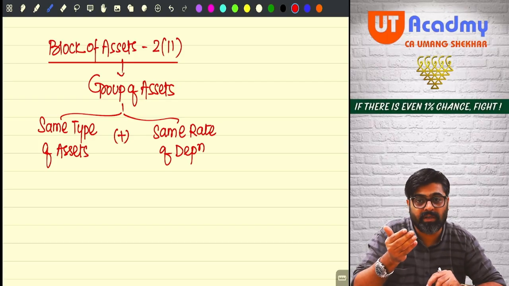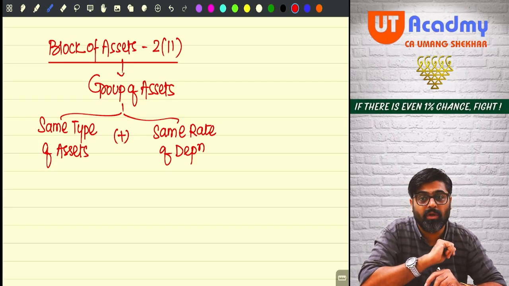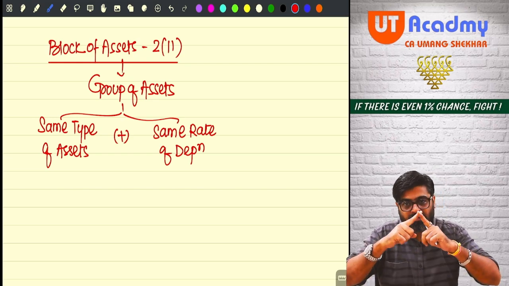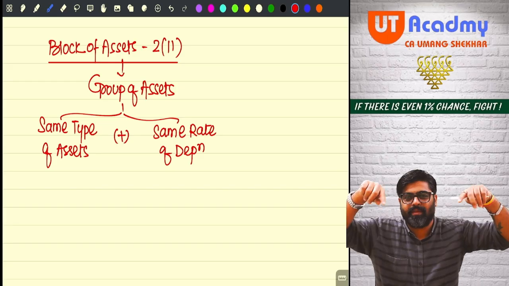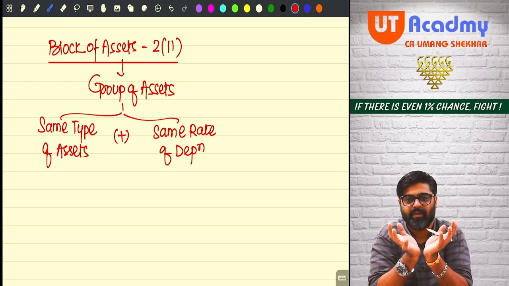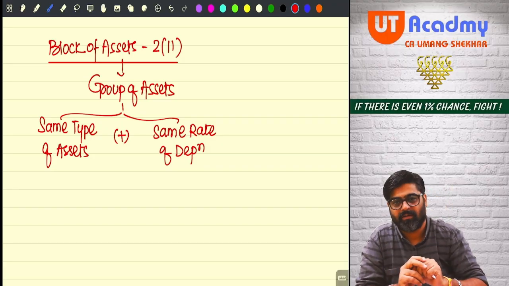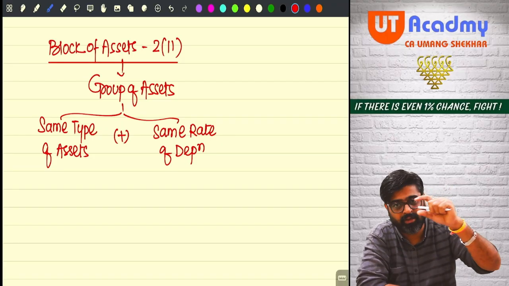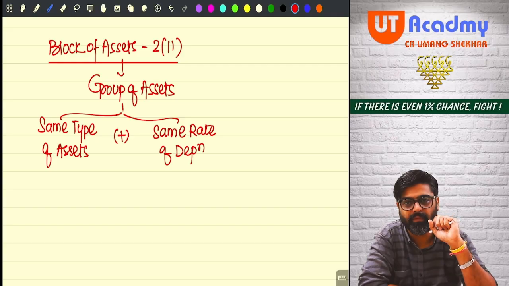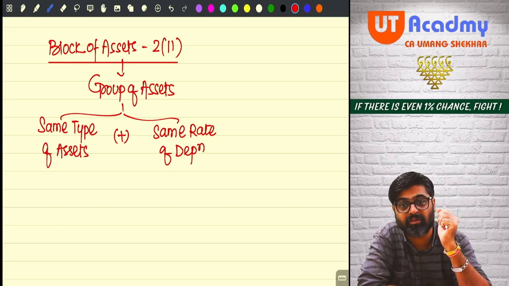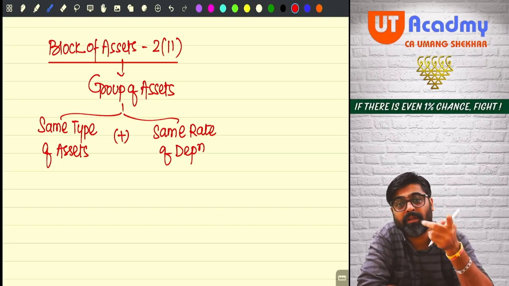So now in order to understand how to determine that value, first of all, understand the block is nothing but a basket, a small basket. And I will put a name on that basket. That okay, the name of the basket is plant and machinery, depreciable at the rate of 15%. Now I have identified this basket, identified this block. What will come in this block?